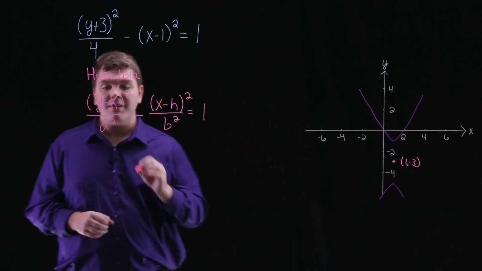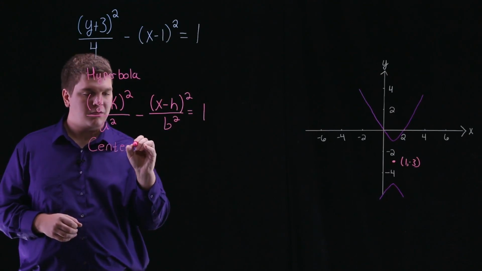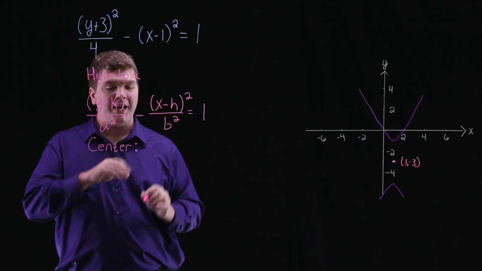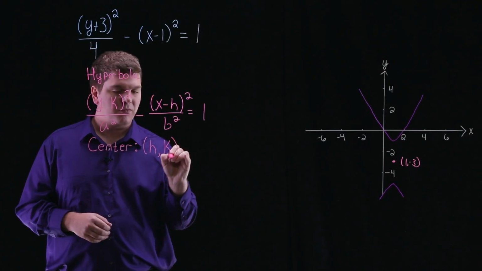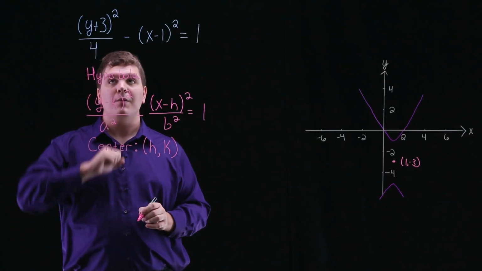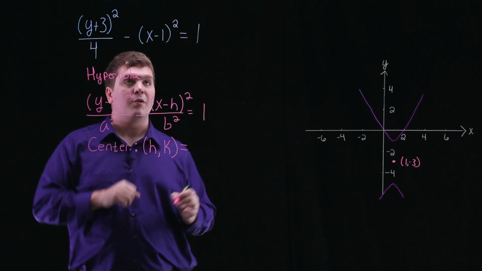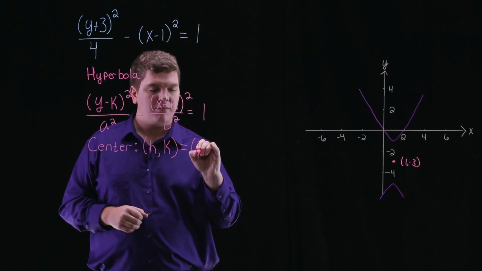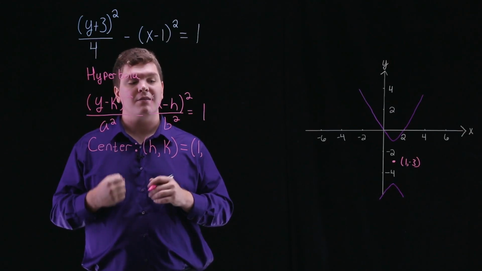In this case, the center is the point (h, k). Looking at our equation, the center is the point (1, −3), thinking about this plus 3 as a minus negative 3.